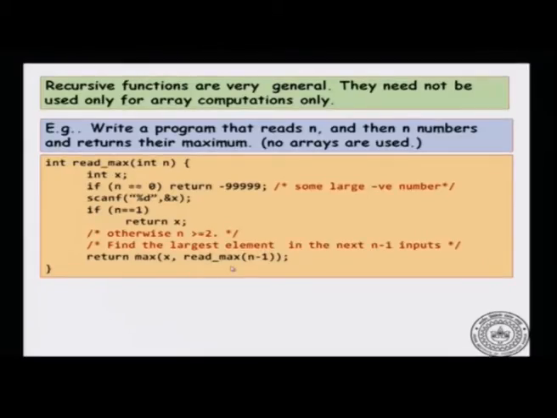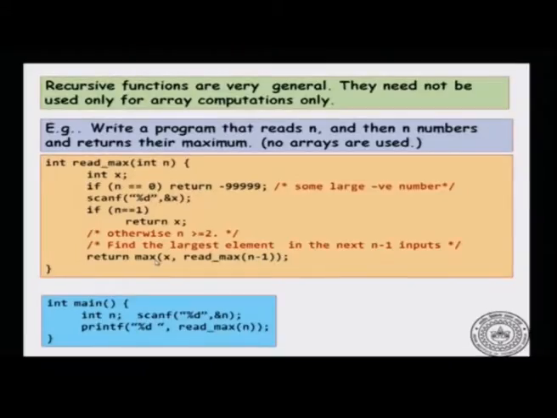Go back and compare the program with finding the array maximum, and the recursion works exactly in the same way. So, we will read n minus 1 numbers and return the maximum of those, and then you compare the first number and the maximum of the sub problem. This is exactly as before, except that we did not use any arrays.